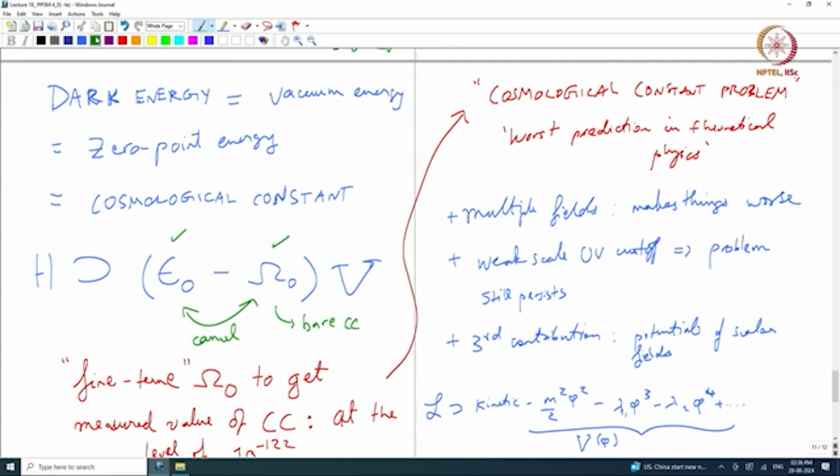In that case, I can draw V of phi versus phi like this. I can have potentials of many forms at this point, right? And these potentials actually literally deposit or dump energy in space, right?